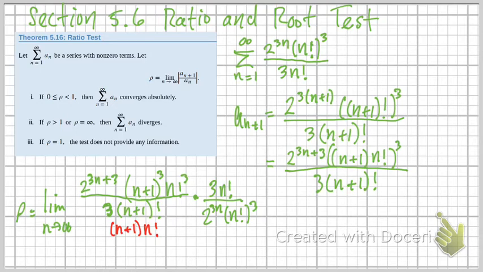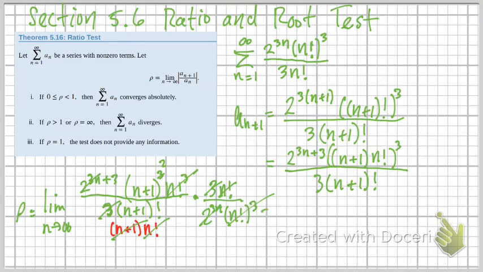Now I'm just going to do some canceling out here. So this n factorial cubed and n factorial cubed, this 2 to the 3n is going to cancel that 2 to the 3n. This 3 cancels with this 3. This n plus 1 cancels with one of those and makes that a 2.